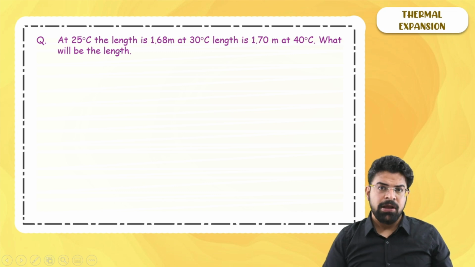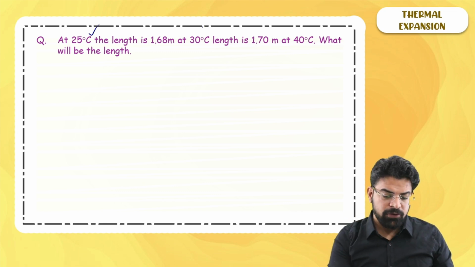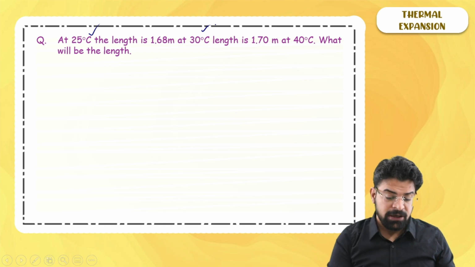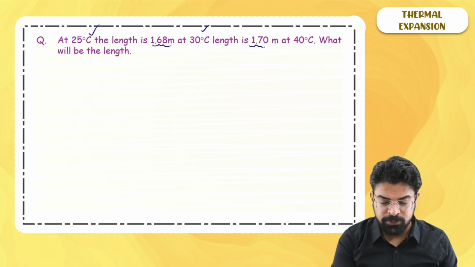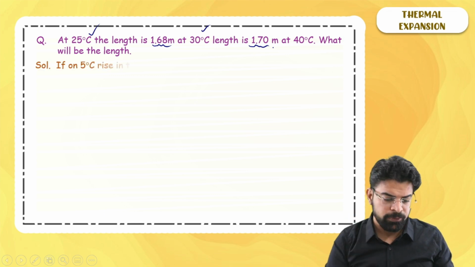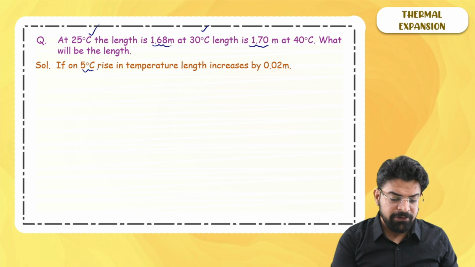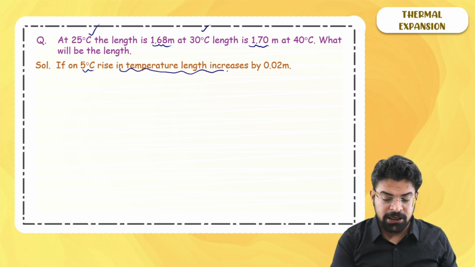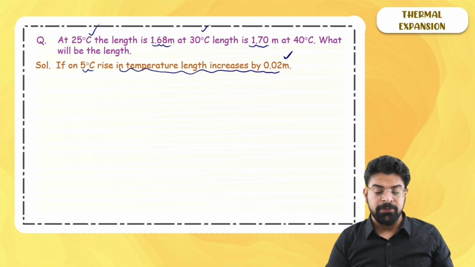So you will say, as the temperature increases from 25 to 30 by 5 degrees centigrade, the length increases from 1.68 to 1.70, that is increases by 0.02. So on 5 degrees centigrade rise in temperature, the length increases by 0.02 meter.